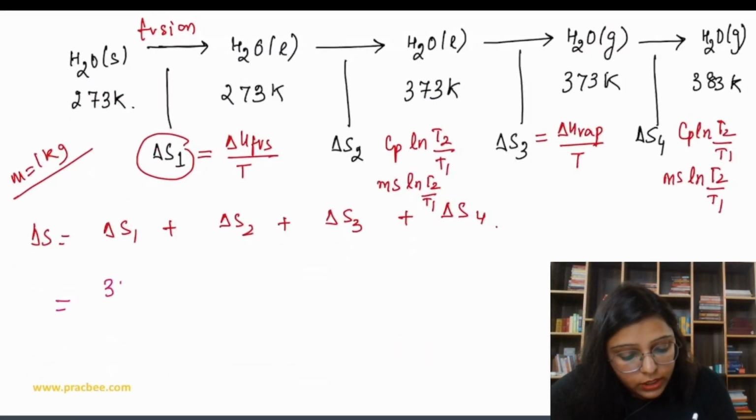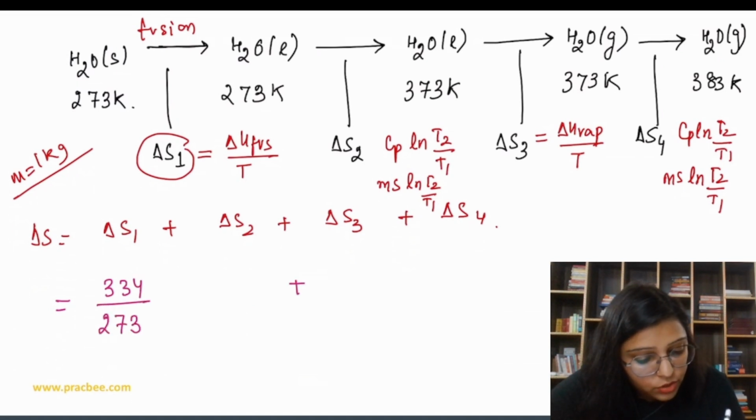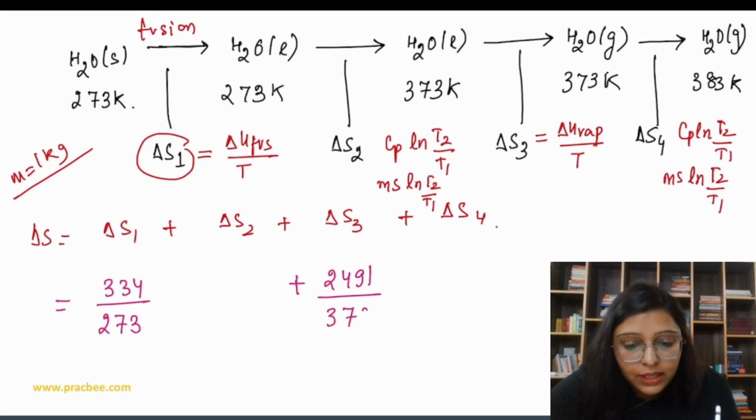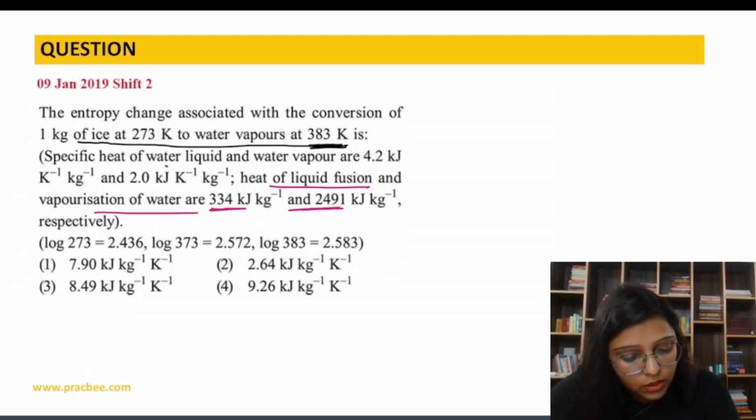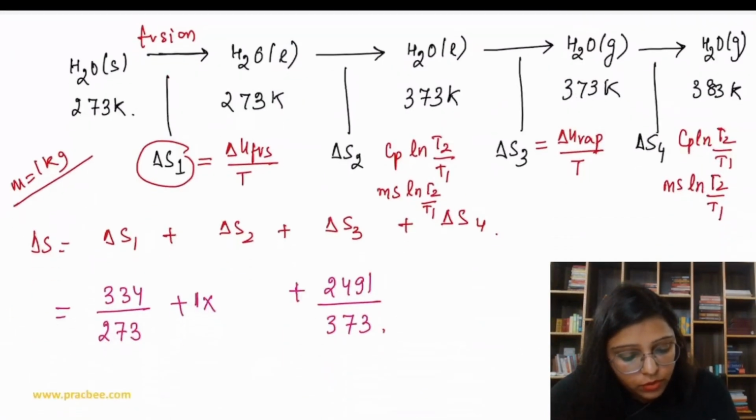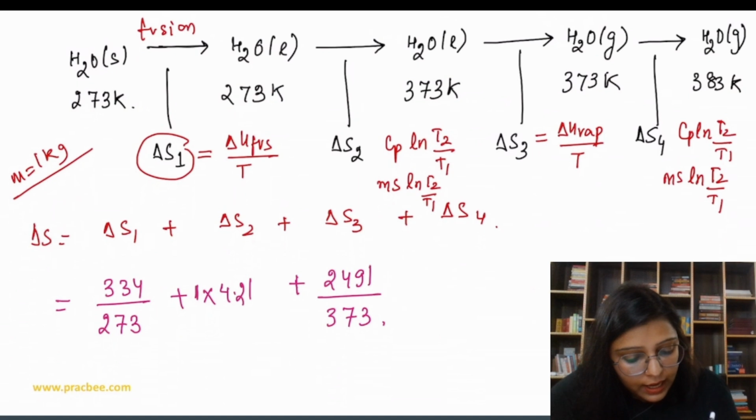So this is equal to 334 divided by 273, and the vaporization one, which is delta S3, is equal to 2491 divided by 373. Now plus delta S2. So for delta S2, mass is 1, specific heat for liquid water is 4.2, and ln T2, T2 is 373 divided by 273.